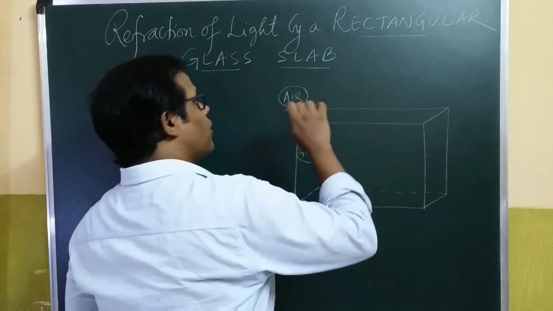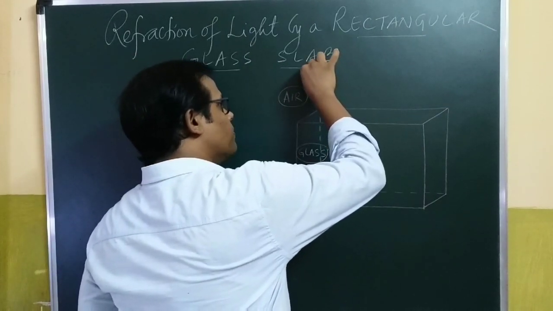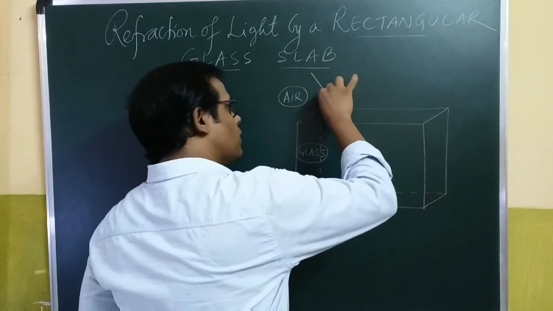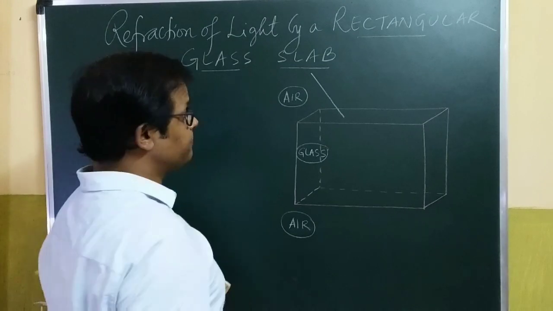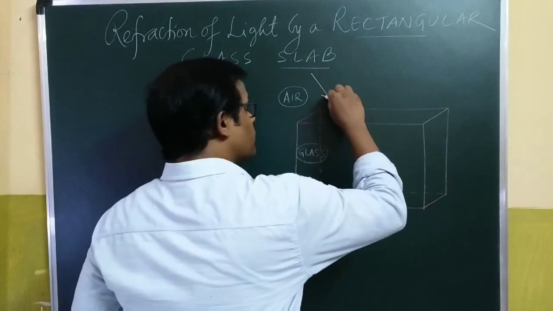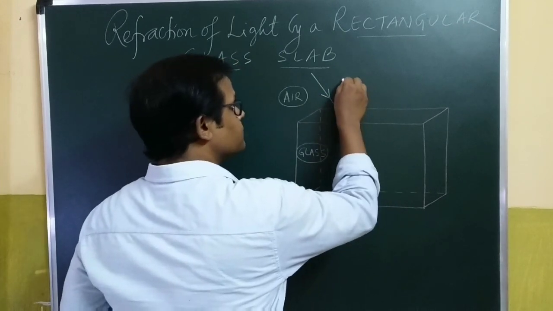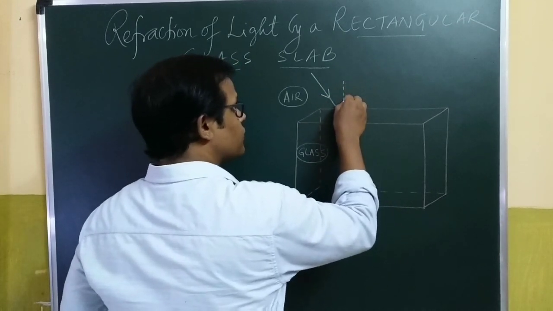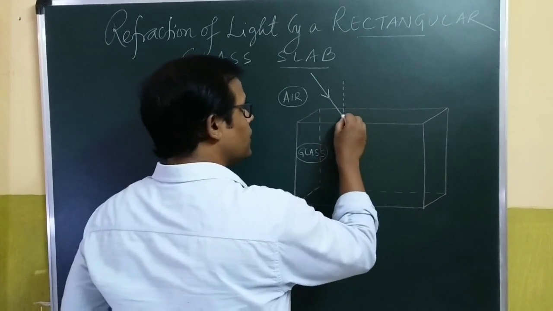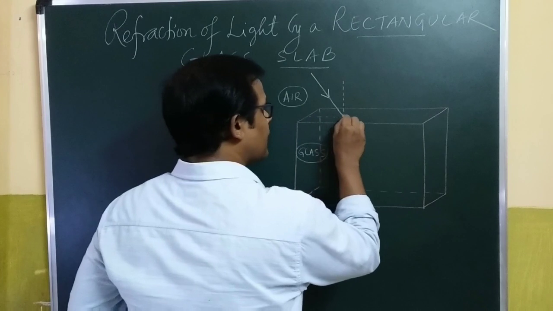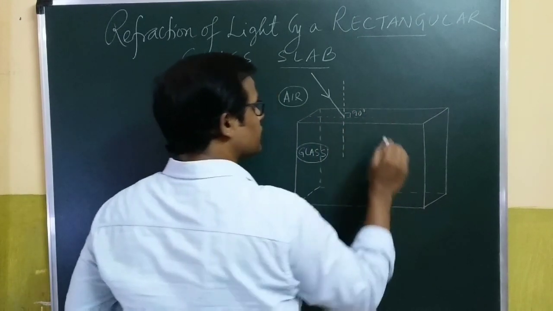Suppose a ray of light is incident obliquely on one of the parallel faces of the glass slab. If it is incident upon this face of the glass slab, then definitely try to show it with the help of a normal, the normal making an angle of 90 degrees with the surface.